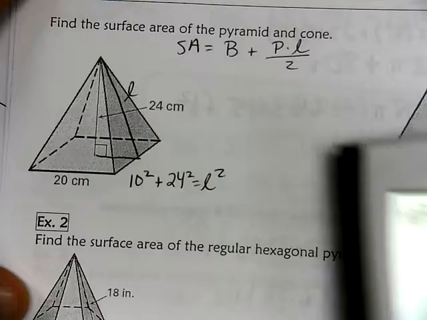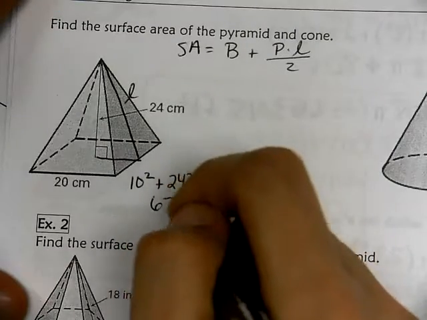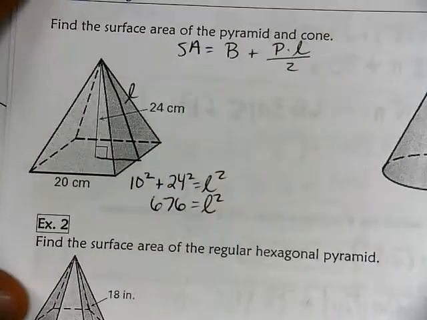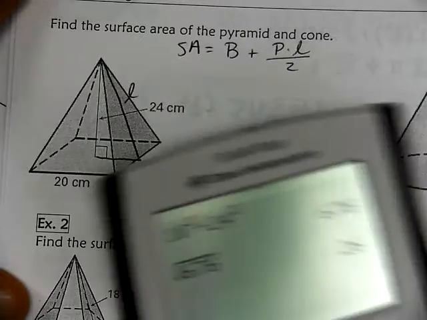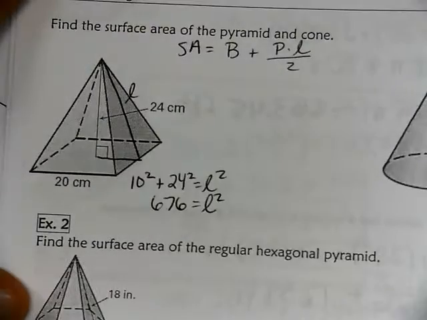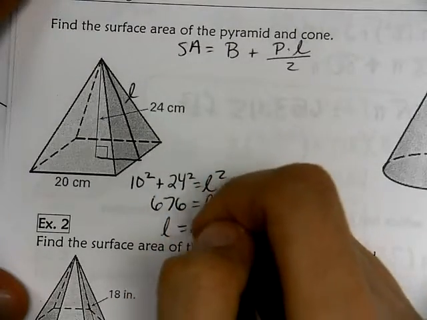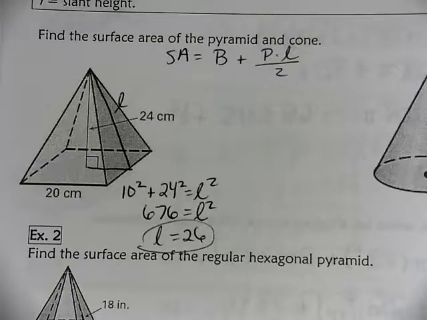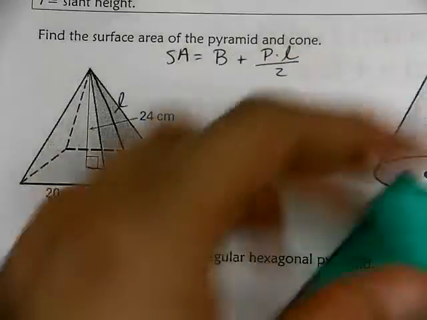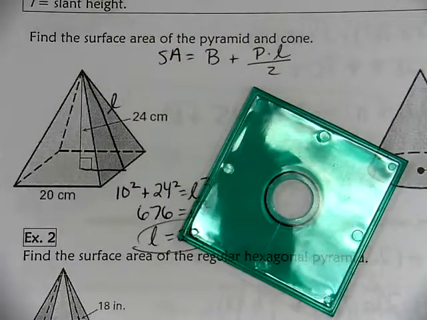So 676. And what's the square root of 676? 26. We're going to use that. So our base is a square that is 20 by 20.